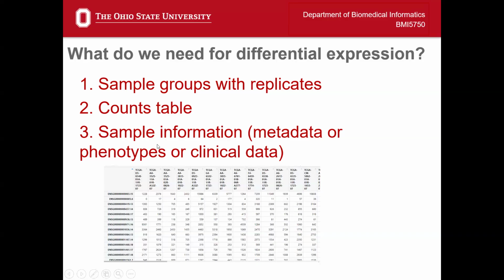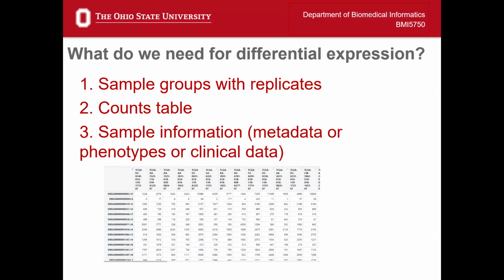Then the third thing is your sample information. Sometimes this is called metadata. That's the cool new thing to call it. I call them phenotypes. Also see them called clinical data. So this is descriptions of your samples. You really only need one column of this. You need to know what are your groups.